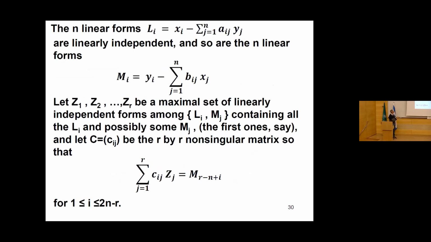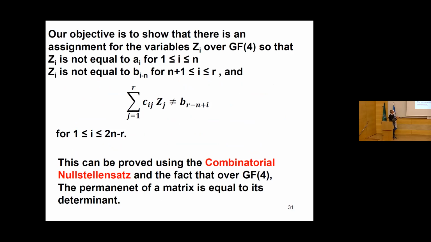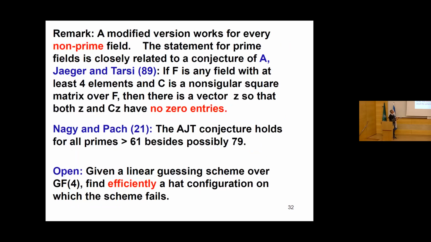Again, I don't want to say much about this. The proof is somehow written here. I just mentioned that this is closely related to some old conjecture we had with Chechik and Tarski, that if we have a non-singular n by n matrix over a field with at least 5 elements, then there is always a vector with non-zero entries so that its image under this matrix also has non-zero entries.